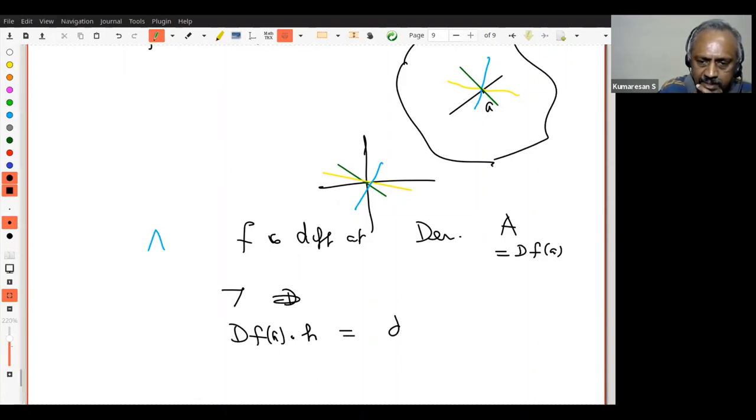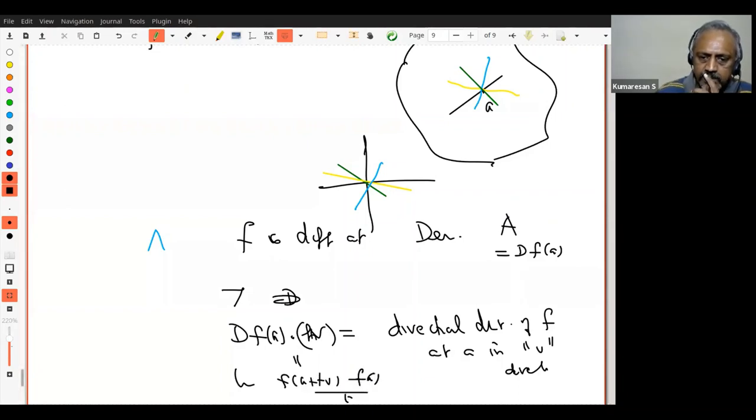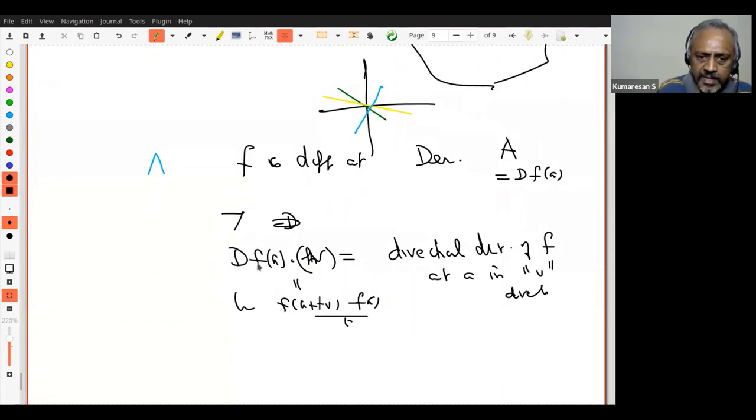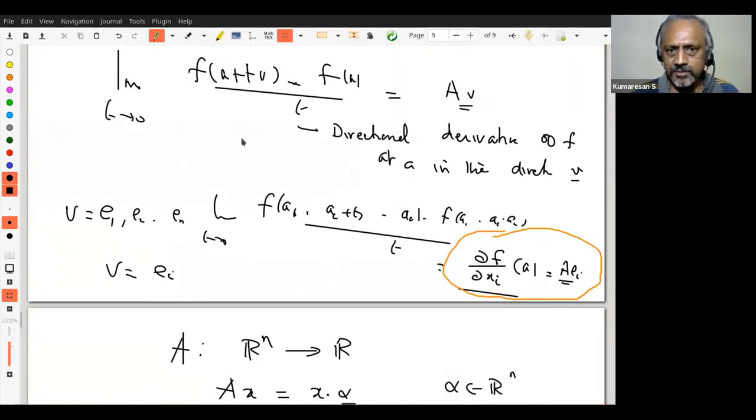This is nothing other than the directional derivative of f at a in the v direction. You understand this? Because we saw this is nothing other than the limit of f of a plus tv minus f of a, by t. Please, don't lose heart. We did that. This is what I'm using.